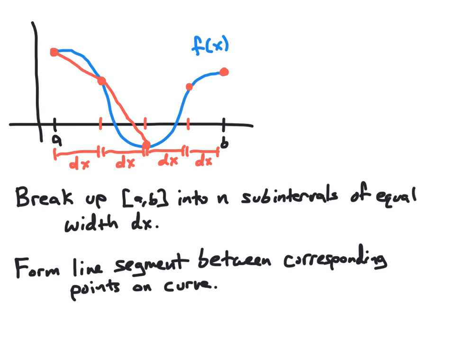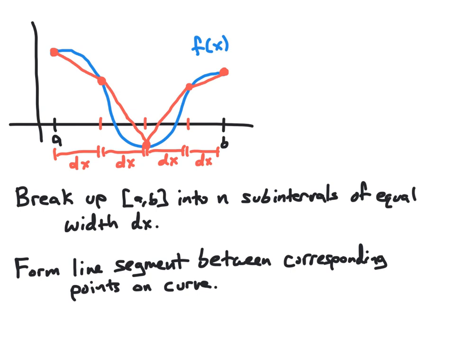And then a line segment from there to the next point, and from there to the point corresponding to b. So with our 4 subintervals, we have formed 4 line segments between points on our curve, and the length of each of these line segments is approximately the length of the curve along the same subinterval.